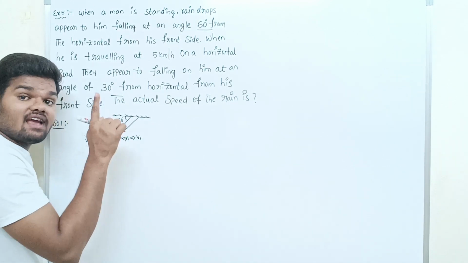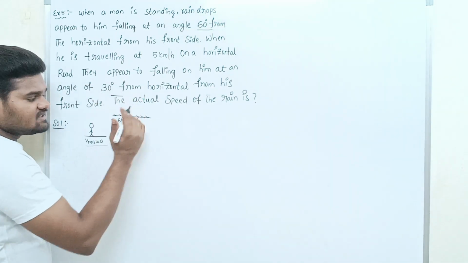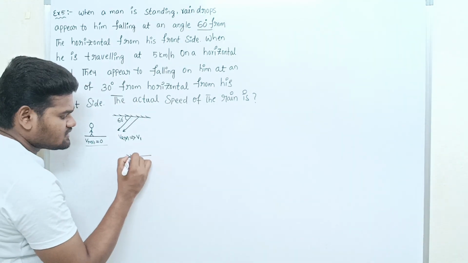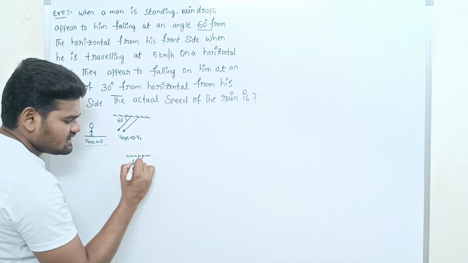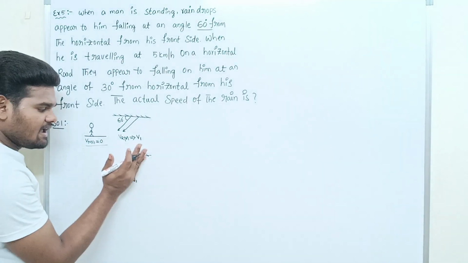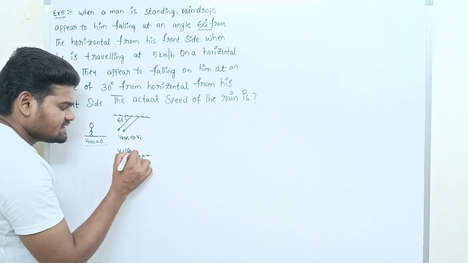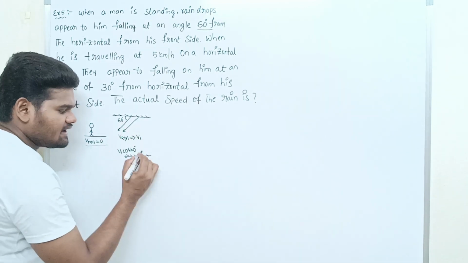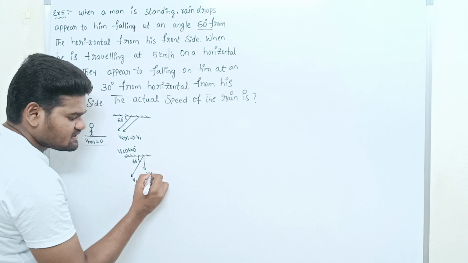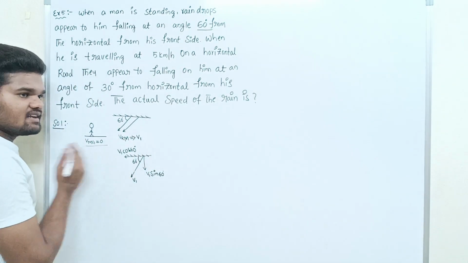It has both an x component as well as a y component. So this is V1 and it is making an angle of 60 degrees with the horizontal. Along the theta side, V1 cos 60, and perpendicular to this, V1 sin 60 degrees along this direction.